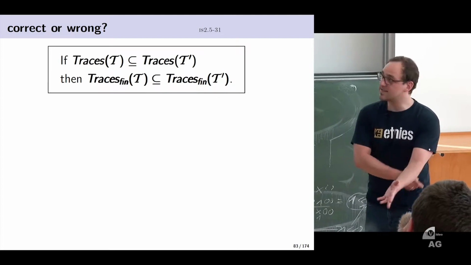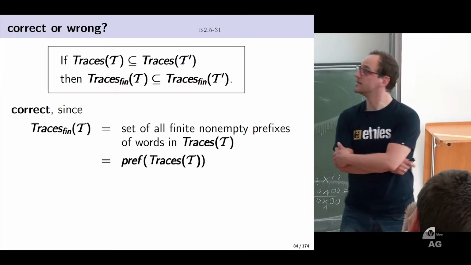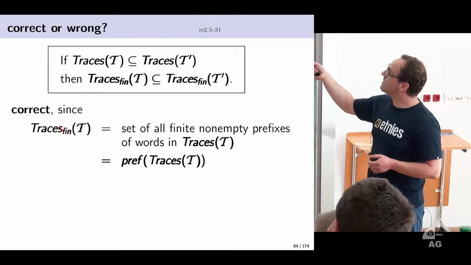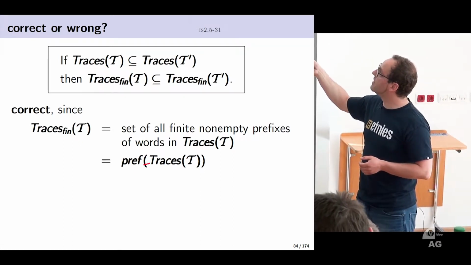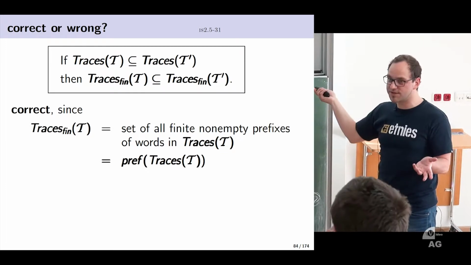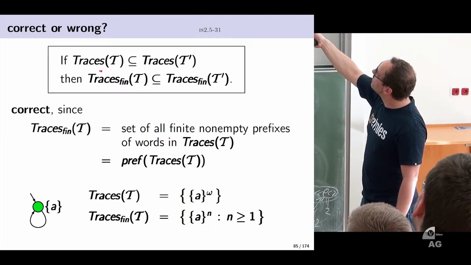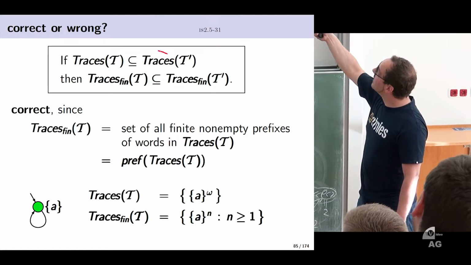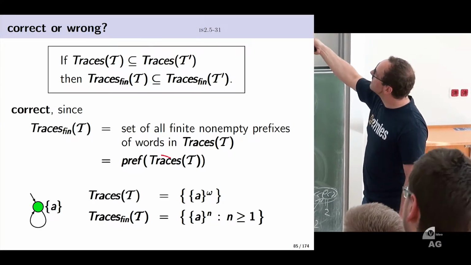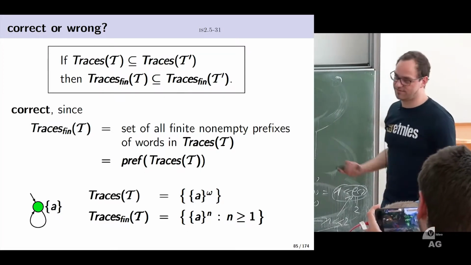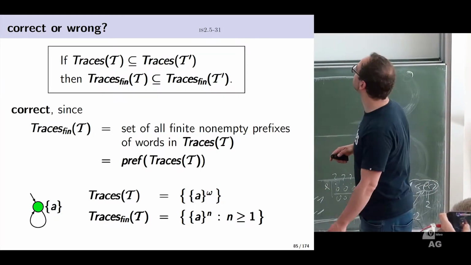Yes, and this is correct. On the previous slide I already mentioned that the finite traces of a transition system are the prefixes of the traces of the transition system, and if you have a superset, then you also have more prefixes, and then you also have finite trace inclusion directly.